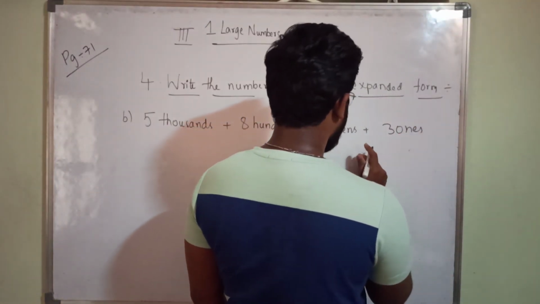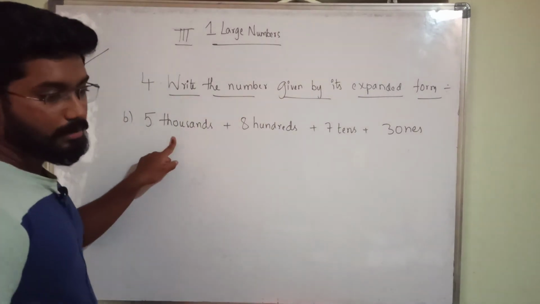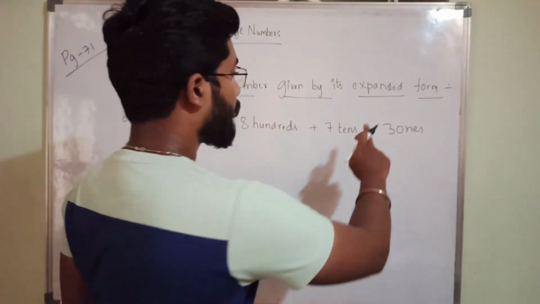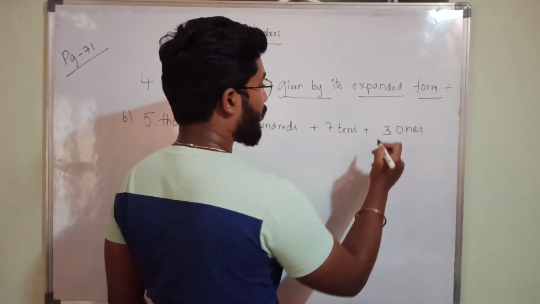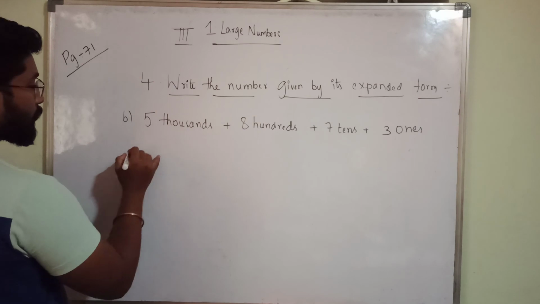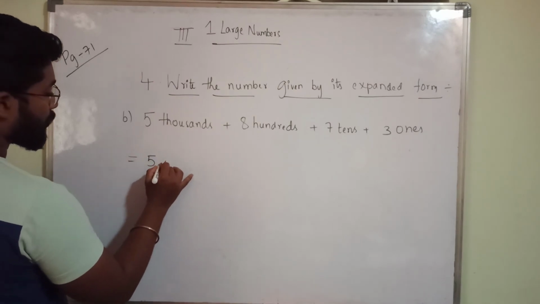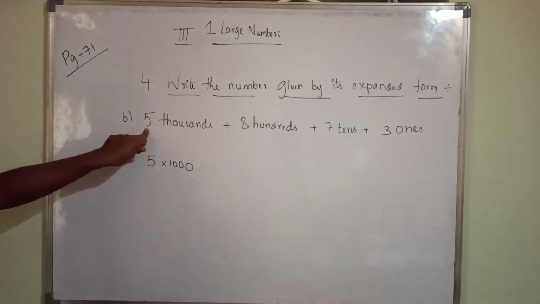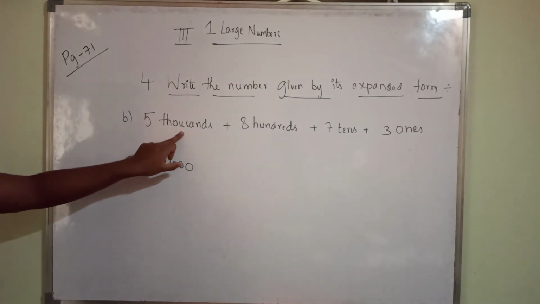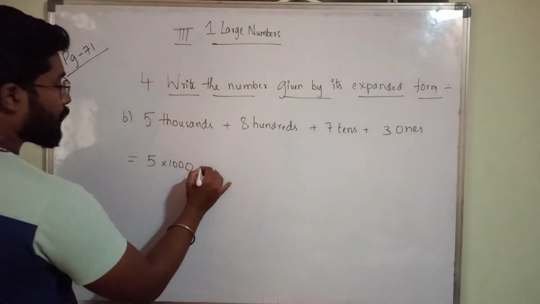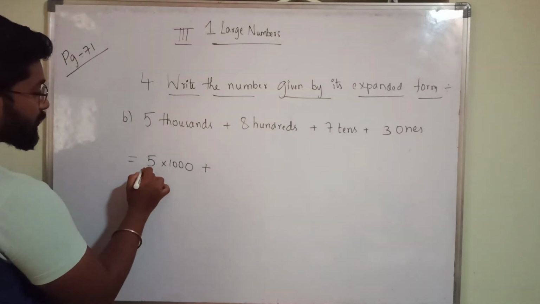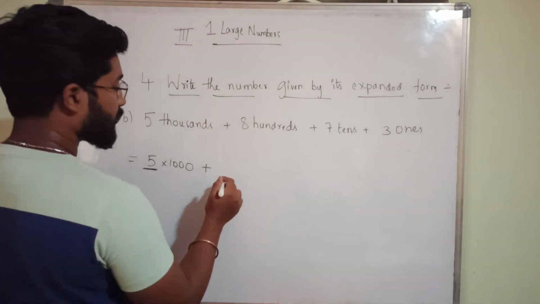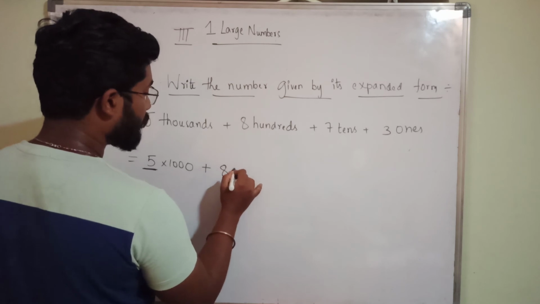How to write this? 5,000s means 5 into 1000, the number of thousands is 5. How many hundreds are there? 8 are there, so 8 into 100.